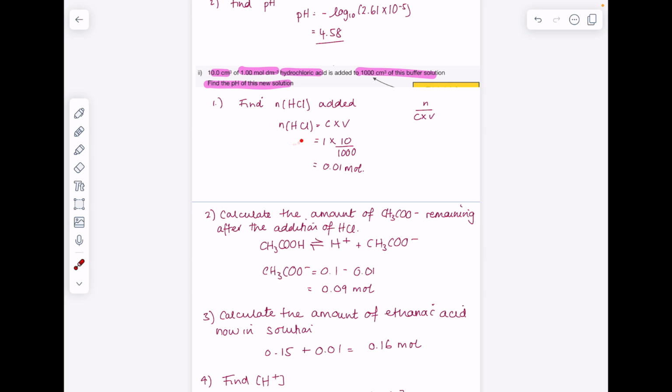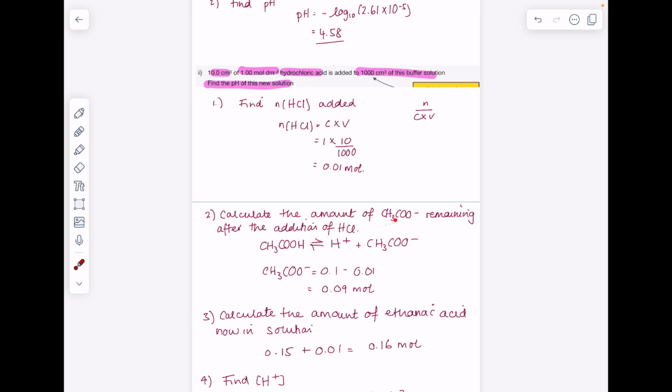So what we did first of all was find the number of moles of HCl added. And then we had to recall that the way that this particular acidic buffer works is the HCl reacts with the ethanoate ions and therefore decreases the number of ethanoate ions but increases the number of ethanoic acid.